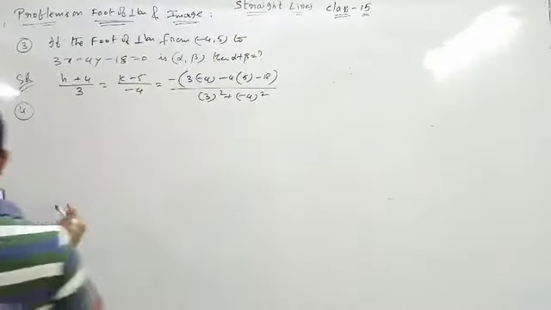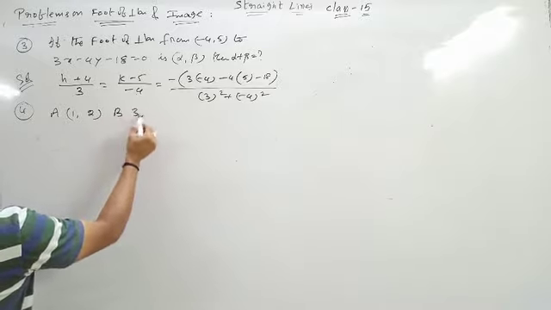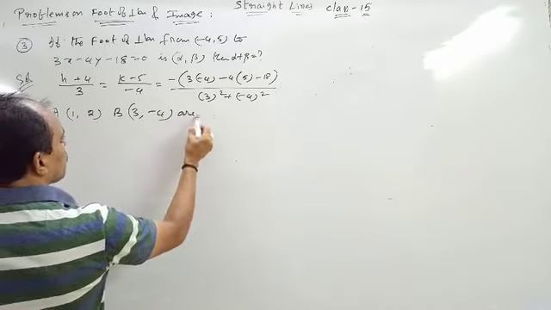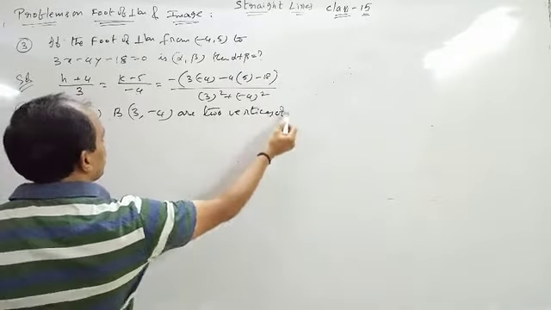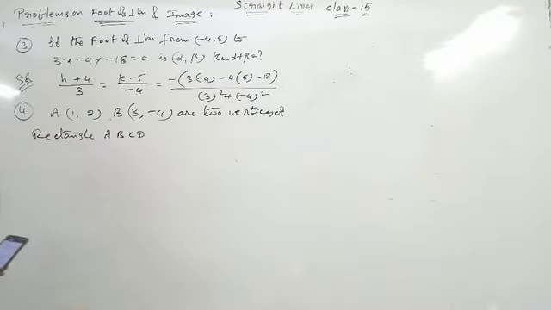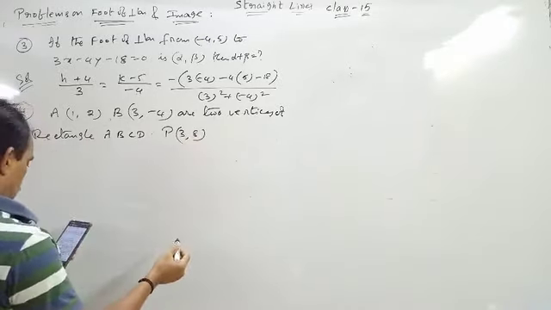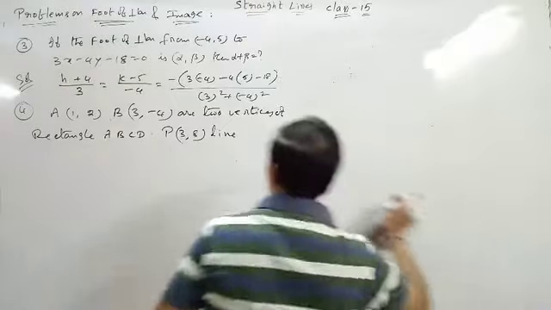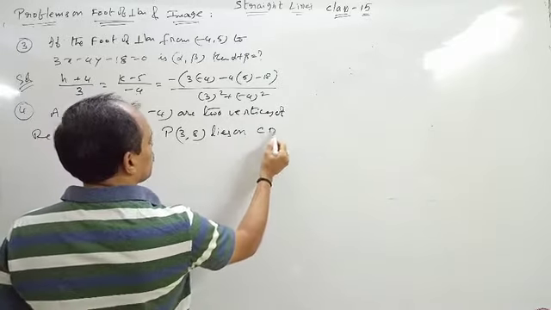Next, one more question. The points A(1, 2) and B(3, minus 4) are two vertices of a rectangle ABCD, and P(3, 8) lies on CD produced.